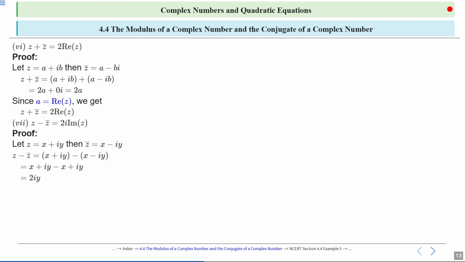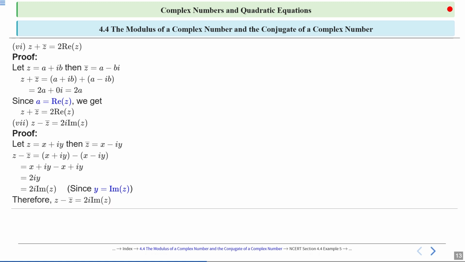This means that subtracting the conjugate from the original complex number gives us twice the imaginary part multiplied by iota. Since y is the imaginary part of z, we can write this as 2 times iota times imaginary part of z. So z minus z bar equals 2 times iota times the imaginary part of z.